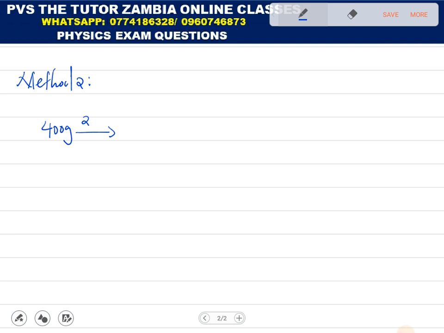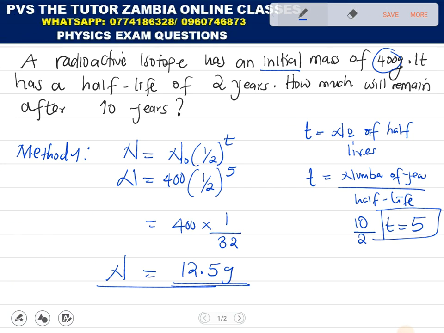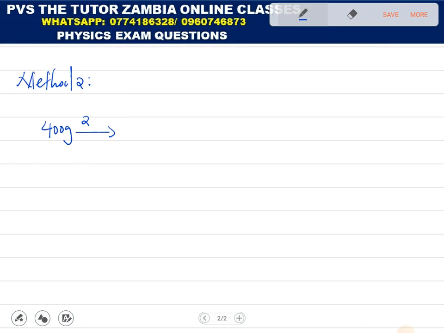It takes 2 years. Remember that a half-life of 2 years means the time taken for this mass to decrease by half its original mass. So we divide this by half, and it goes to 200 grams.